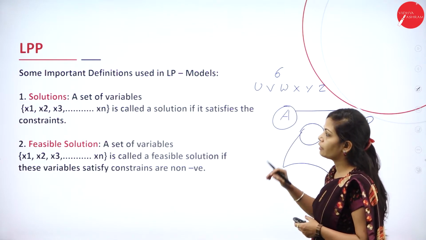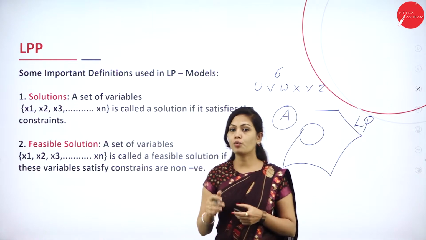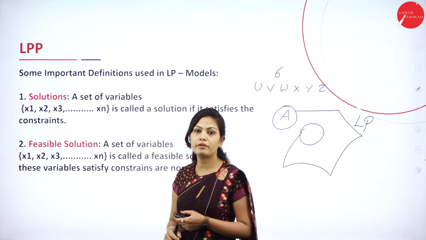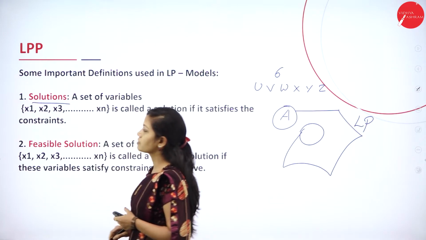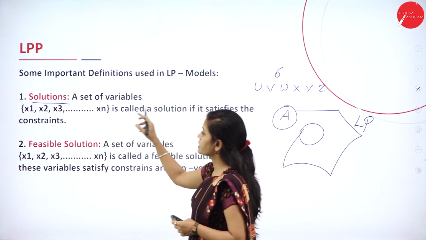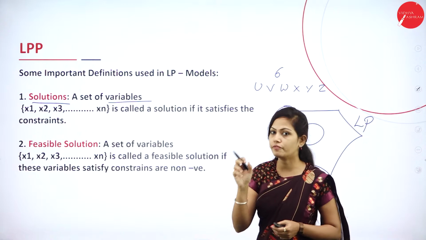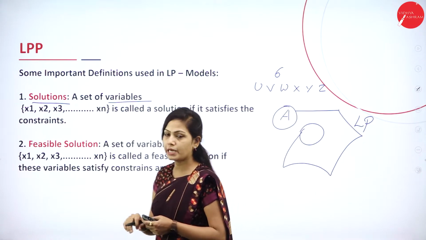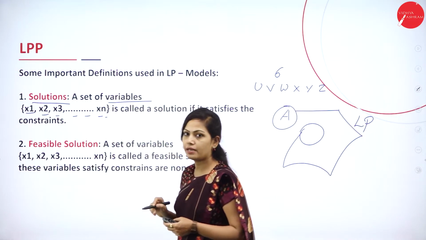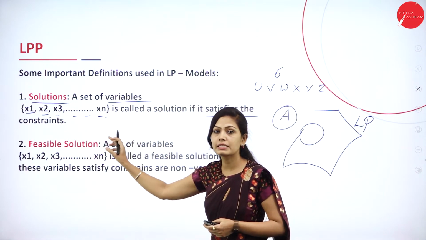So here we have some important definitions used in LP models. Let us understand them one by one. First, we have solutions. First we have to find the solutions for a given problem. A set of variables, for example x1, x2, x3 up to xn, is called a solution if it satisfies the constraints.